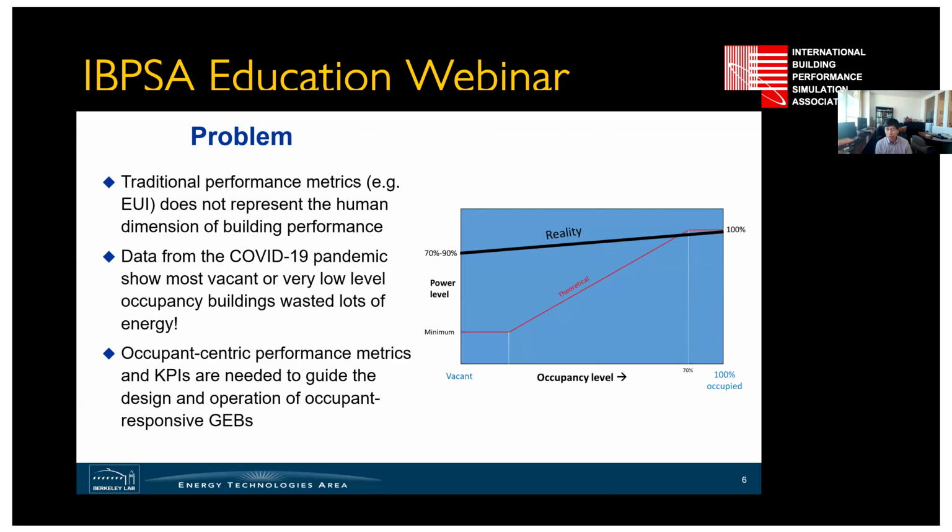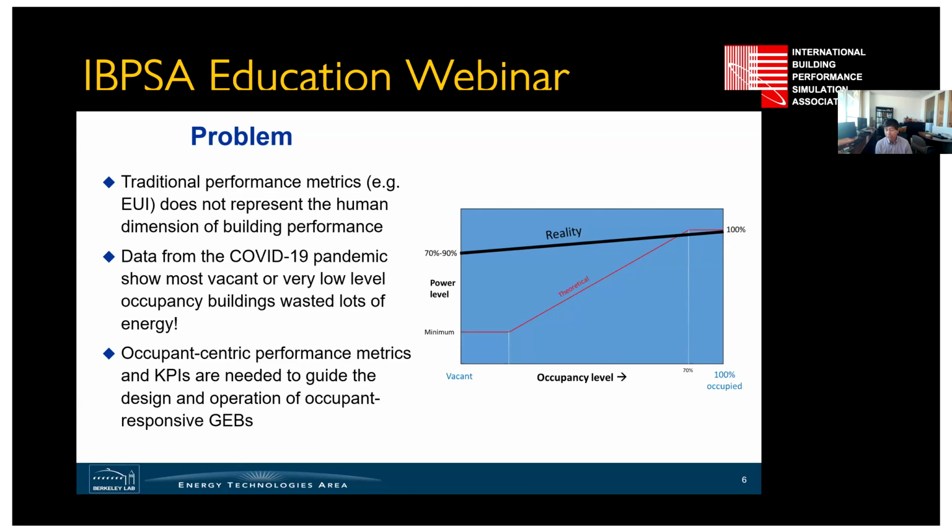It would not go to zero because you still have some emergency lighting, some equipment that runs 24/7, but that's the minimum. But with the occupancy increase, you would like to see a more linear correlation with the energy demand increase, until it gets to maybe 70, 80, or 90%, then the power demand gets to the maximum.